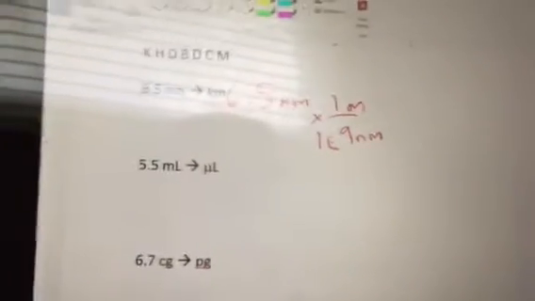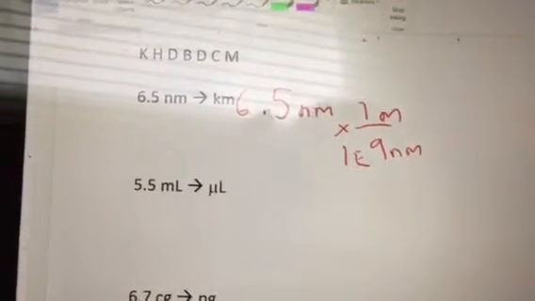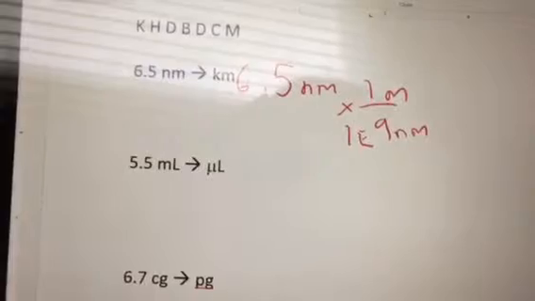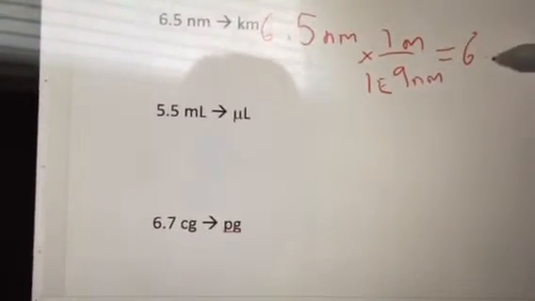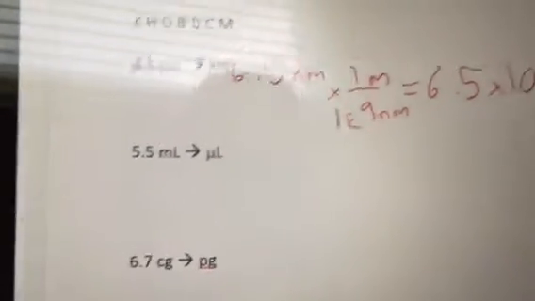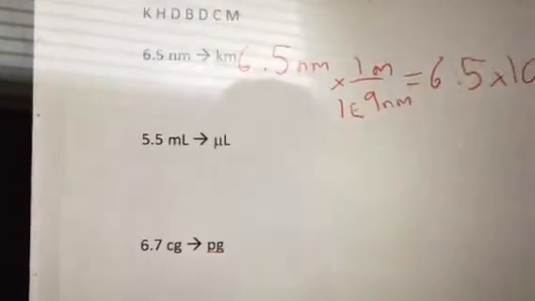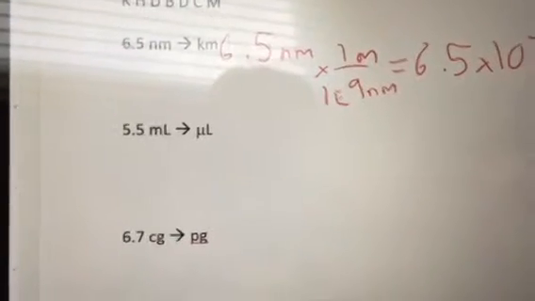So if I plug it in my calculator, 6.5 divided by 1 times 10 to the positive 9th, I get 6.5 times 10 to the negative 9th. And this makes sense because my nanometers are a much, much smaller unit of measurement than my meters, so I should have a lot more nanometers than meters.